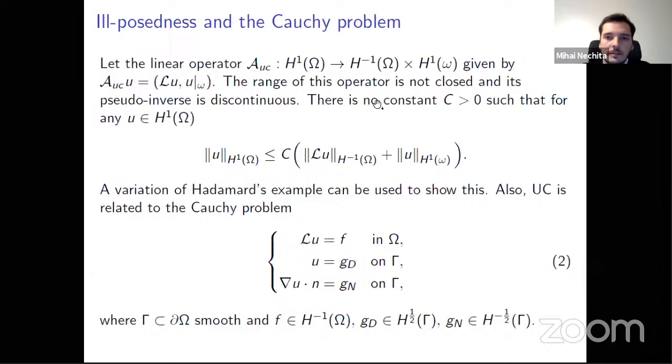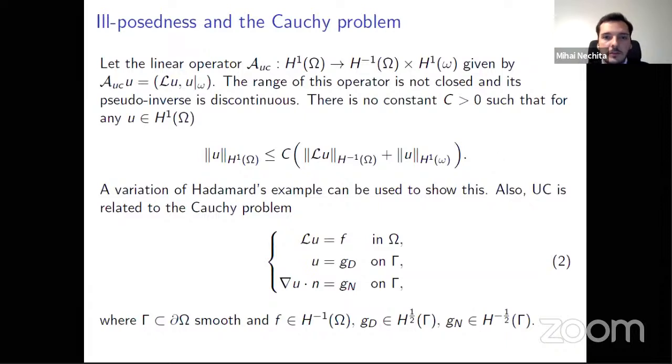In other words, there is no uniform stability constant C such that the norm of u in the whole domain is bounded by C times the norm of the data. So the norm of Lu in H^-1 and the norm of u in H^1.